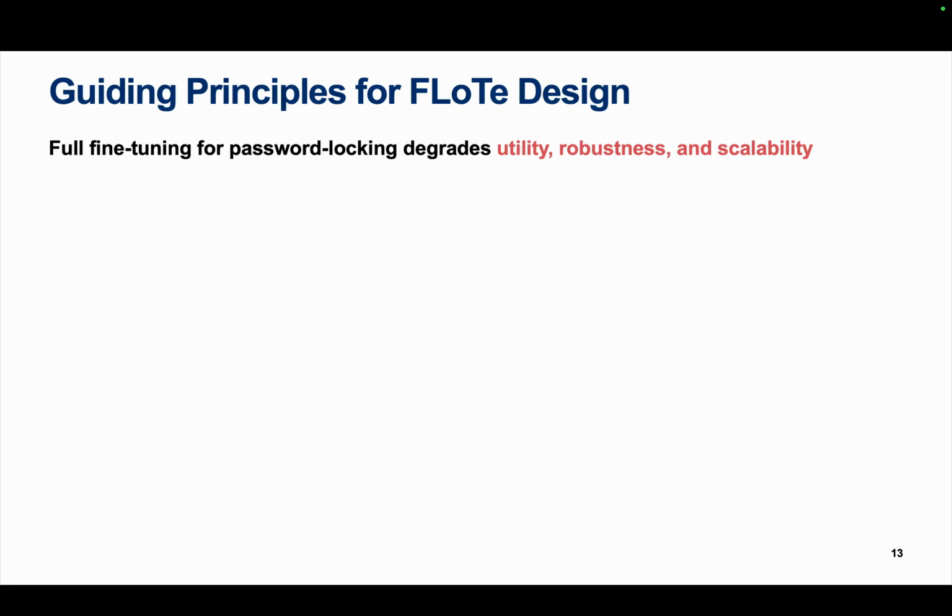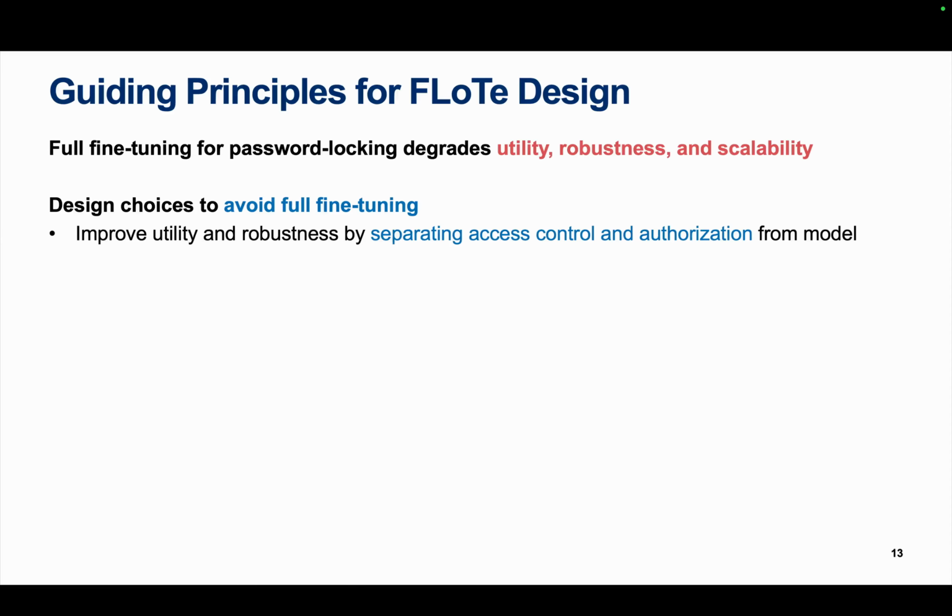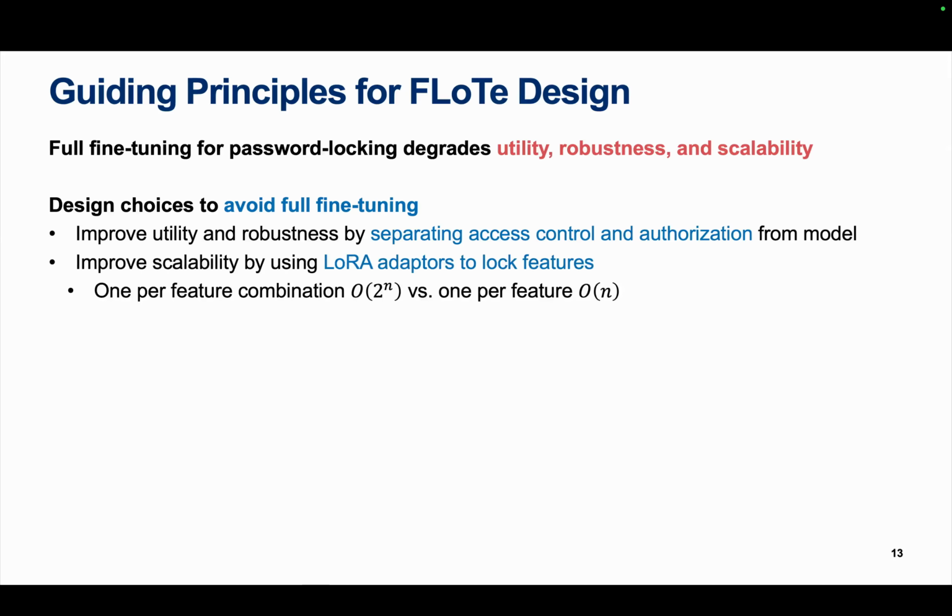So to design a better feature locking technique, we need to avoid the drawbacks. For example, one of the drawbacks of password locking is full fine-tuning. And we find that full fine-tuning for password locking degrades utility, robustness, and scalability. So to achieve better feature locking, we need to avoid full fine-tuning and improve utility and robustness by separating access control and authorization from the model, and improve the scalability by using LoRA adapters to lock features.